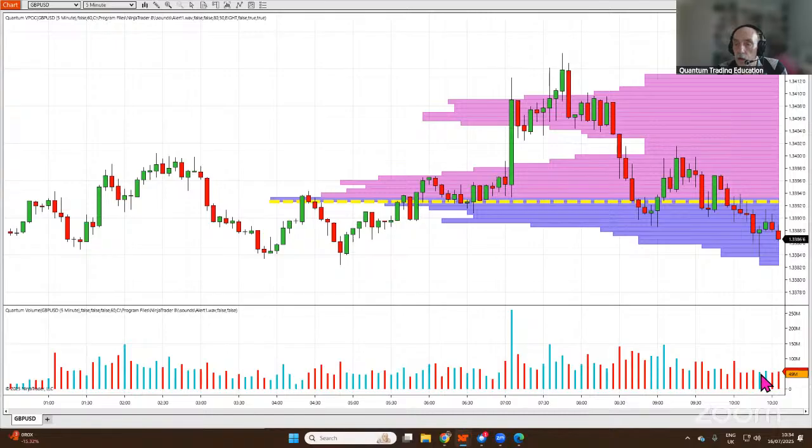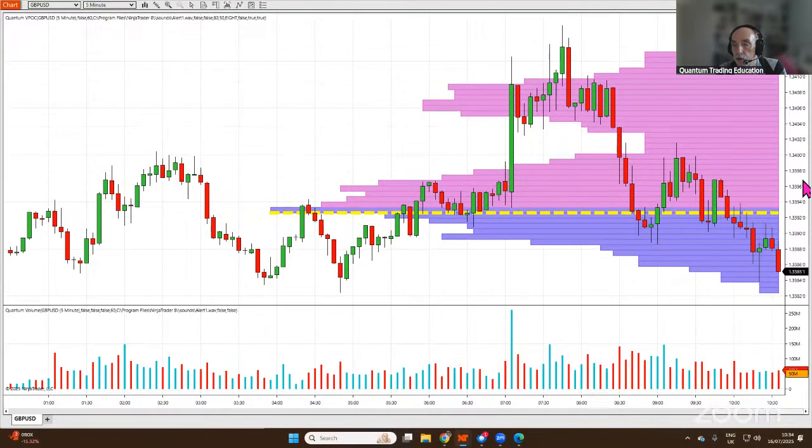And what it also displays in a very visual way is where we have very high volumes here, and where we have relatively low volume, what we call low volume nodes. And of course, you can see the volume falling away up here, and falling away to the downside.